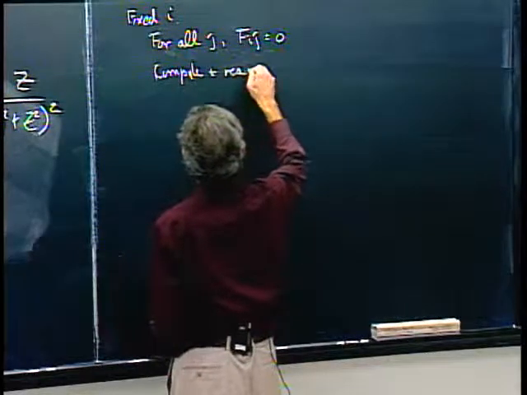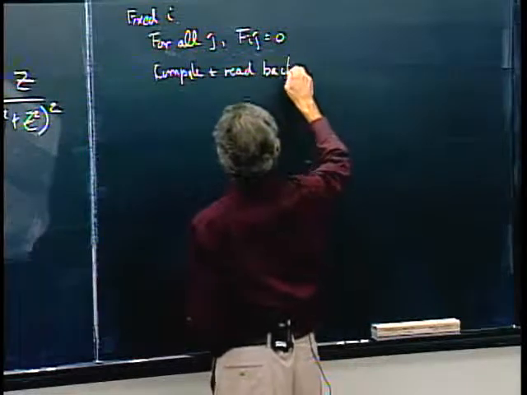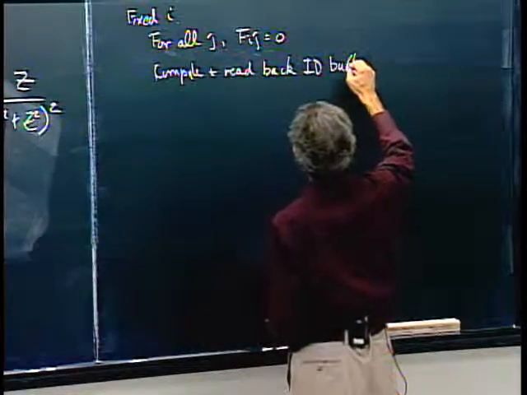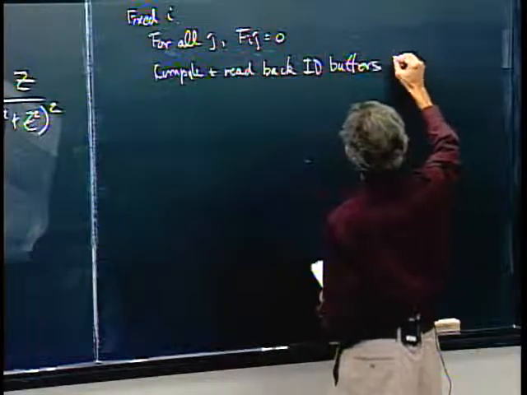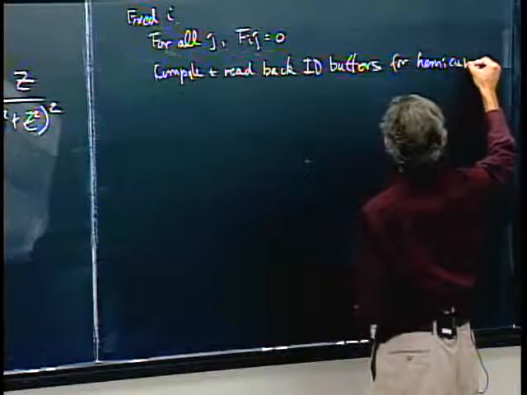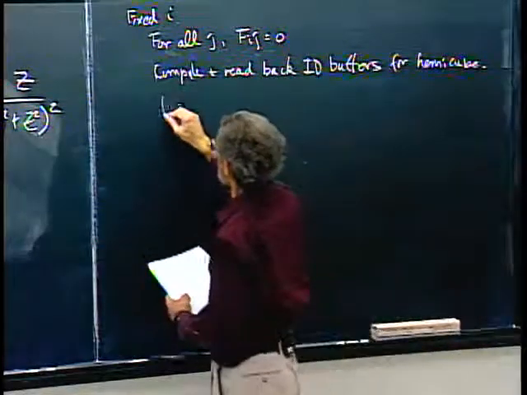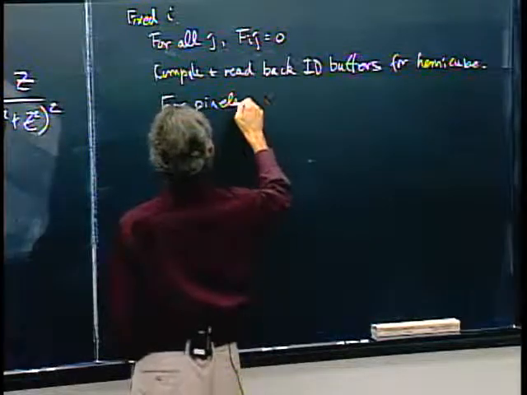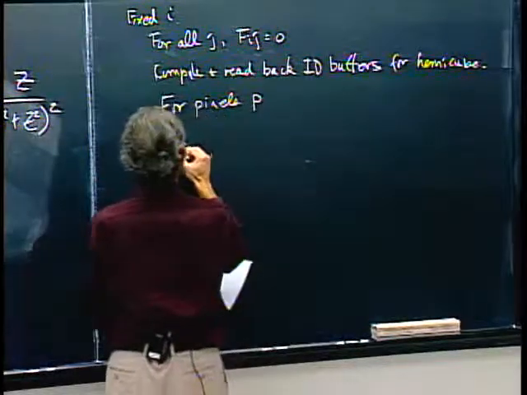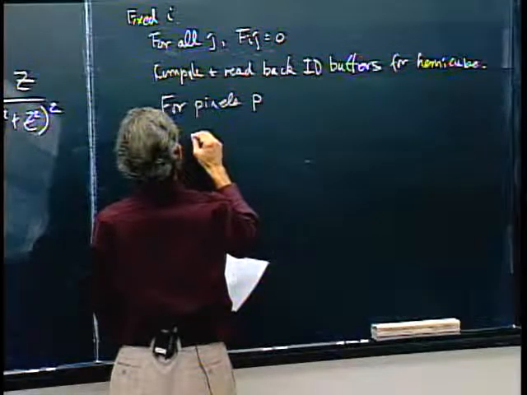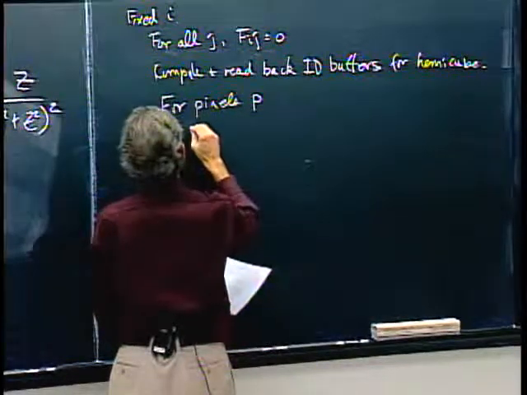and read back ID buffers for hemicube faces, and for all pixels P, we're going to look at the ID buffer.